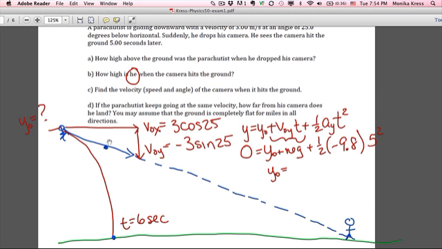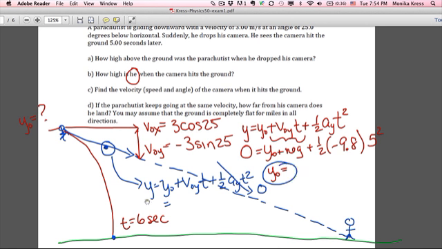So for his height above the ground, you would use the same exact equation, y equals y naught plus v naught y t plus 1/2 a y t squared, except his acceleration in the y direction is 0. He started at the same height as the camera, so he starts at this y naught, except we want to find out where he is after 6 seconds.